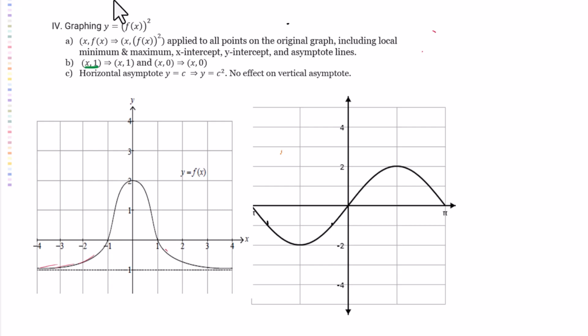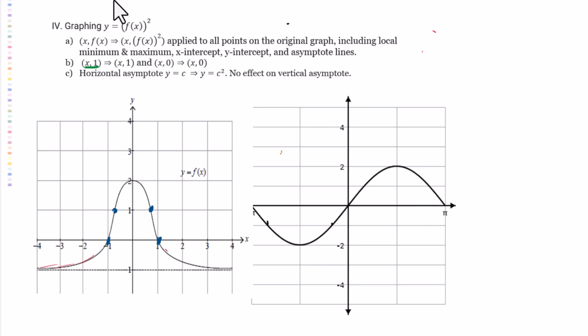First of all, we need to find the points which will stay the same. X-intercepts, the points whose y-coordinate is 1. So we find 4 points that stay the same.